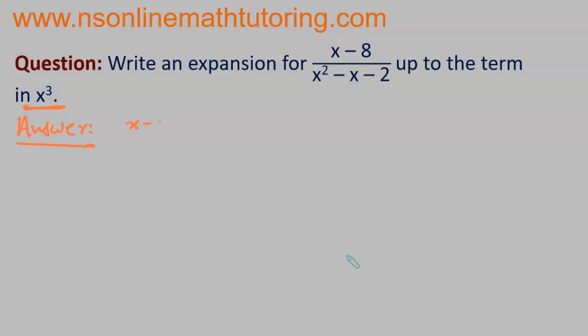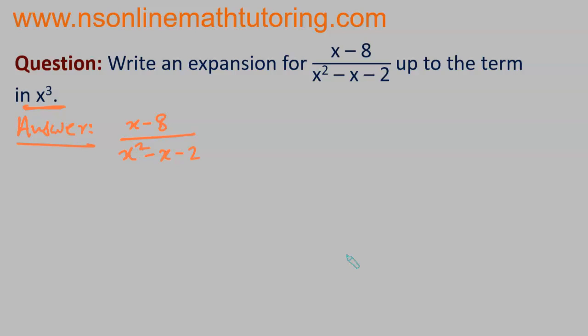So x minus 8 over x square minus x minus 2. This is a rational function, and we have to get a set of two partial fractions.